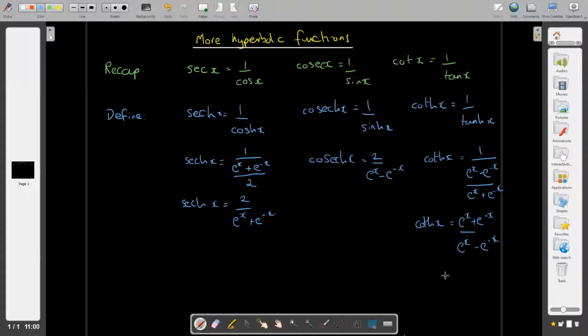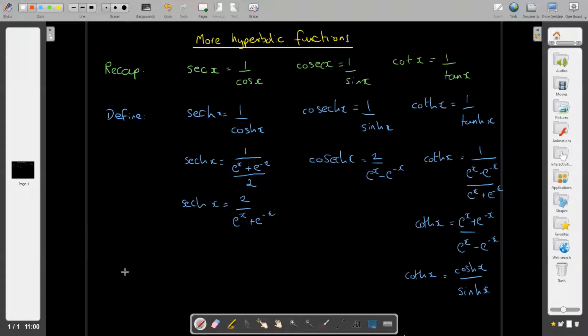And you might realize that that's the same thing as cosh x over hyperbolic sine. Essentially, in simple terms, we've just added an h to everything and said the same for hyperbolic. That's how we've motivated the definition.